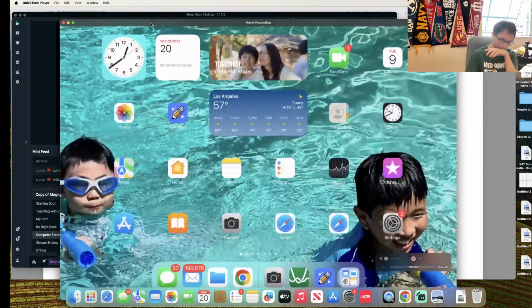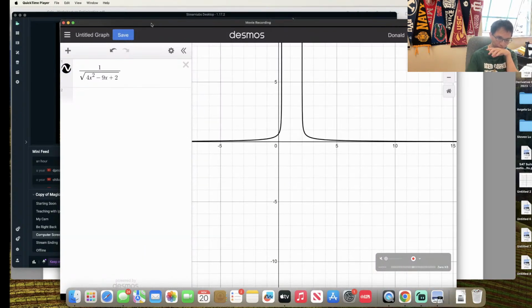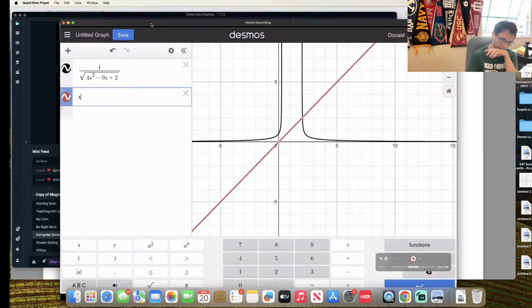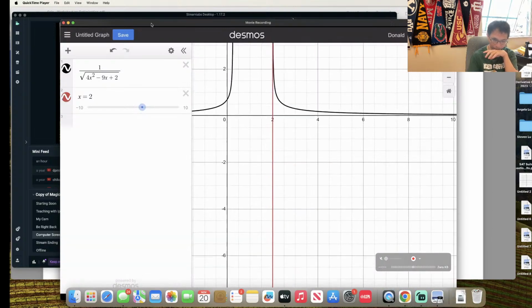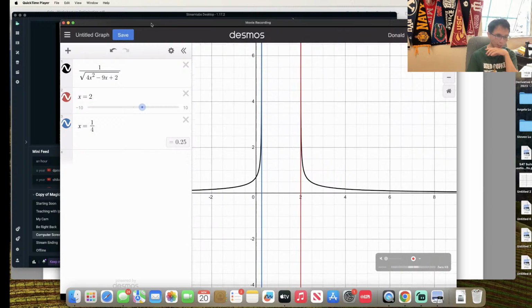Now, let's look at these questions. Look at this. So you see that x equals 2, I think. There's asymptotes there, right? And then there's x equal to 1/4. There's an asymptote on this side. So there are graphs for the right side of 2 and the left side of 1/4.